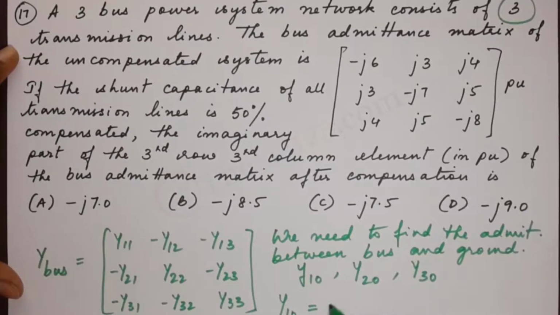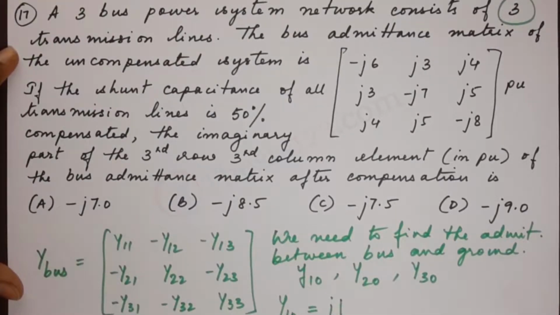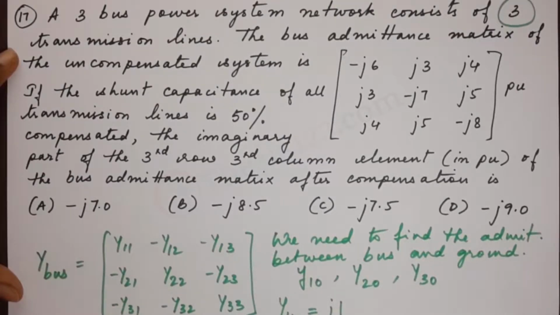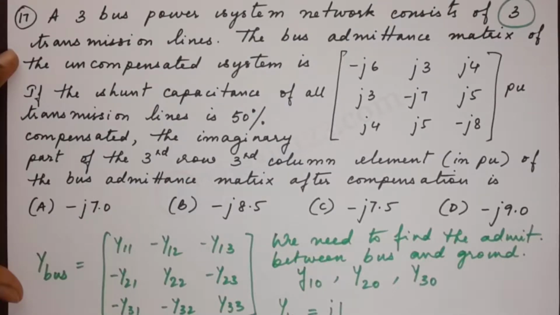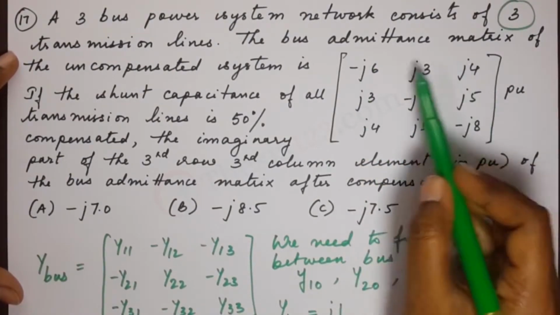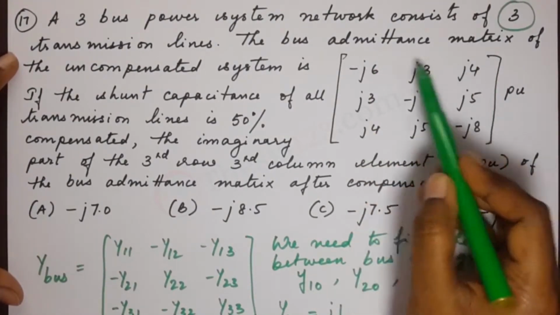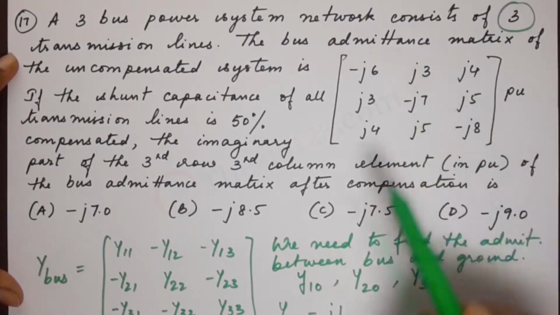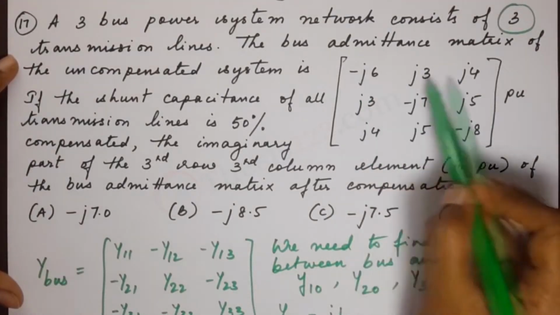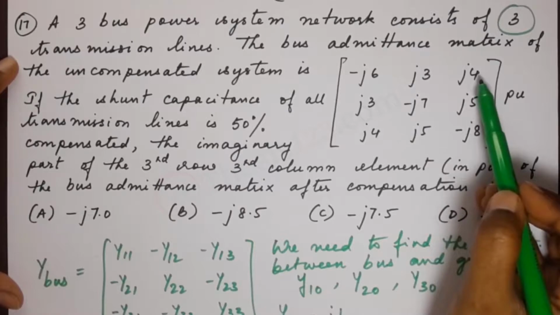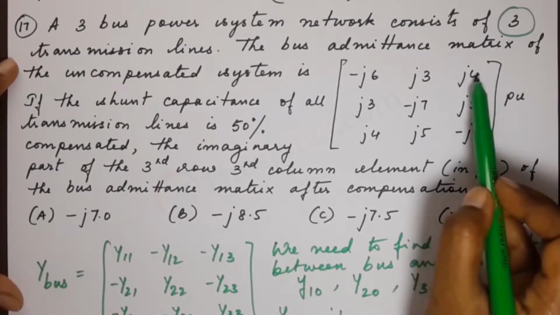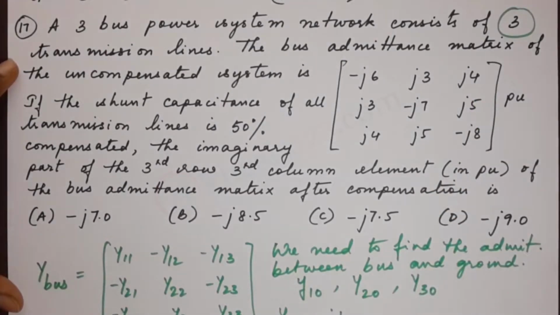Y10 is equal to J1. How, you ask? Well, the key is to add all the elements in that particular row. Now look at the matrix given to us. The admittance matrix of the system is this right here. In order to find out Y10, we add the elements of the first row: minus 6 plus 3 plus 4, so you get J1.